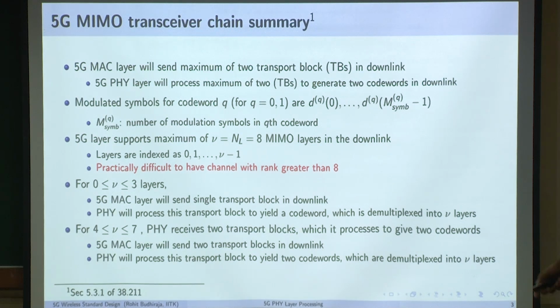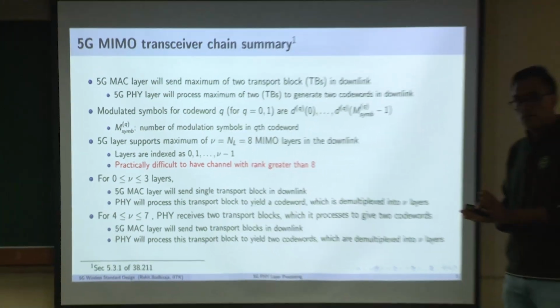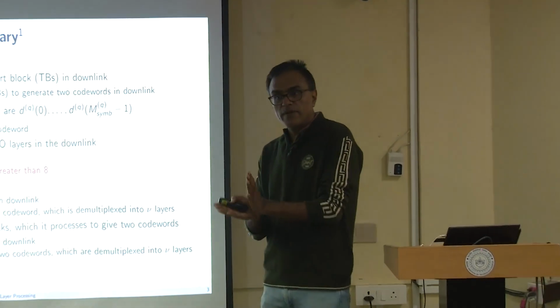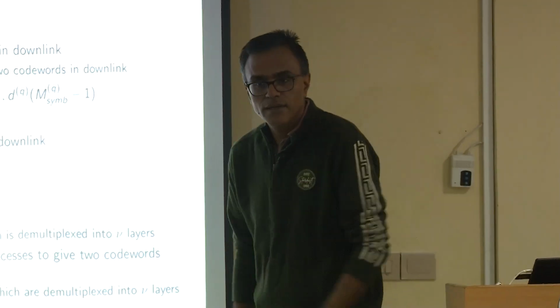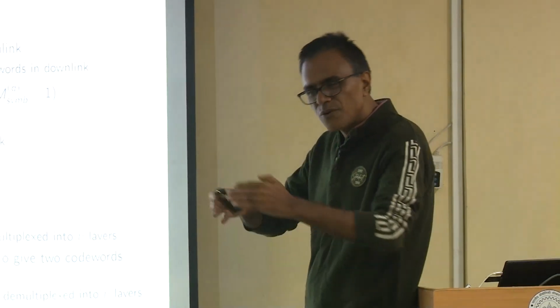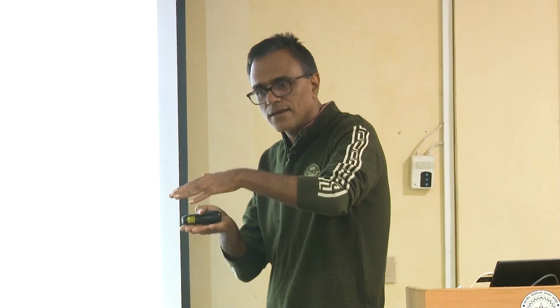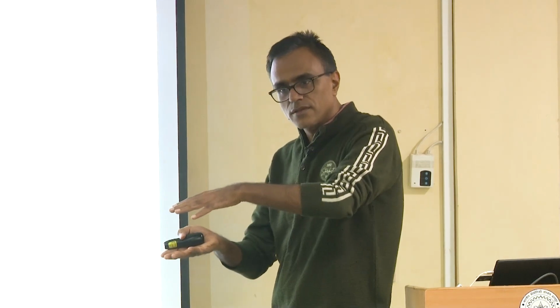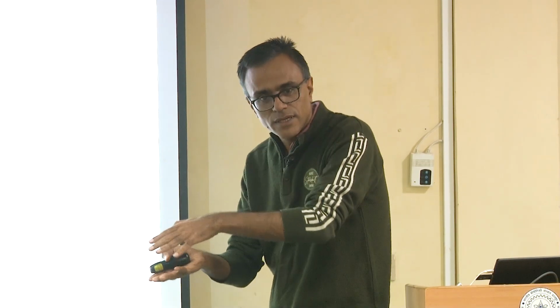Nobody might tell you, but most of the time people might be implementing only up to 4 layers because users might not even observe up to 8 layers. You have to process 2 transfer blocks, and your system should be designed for that also.